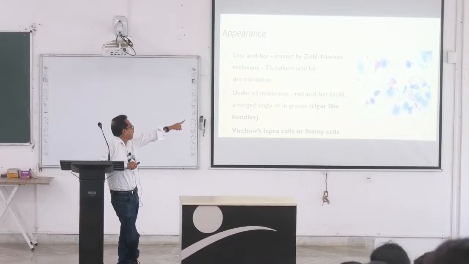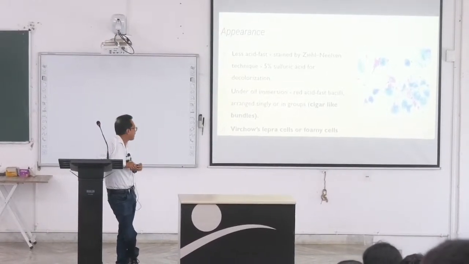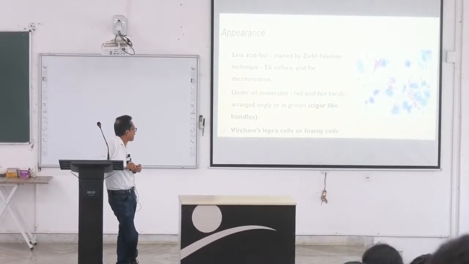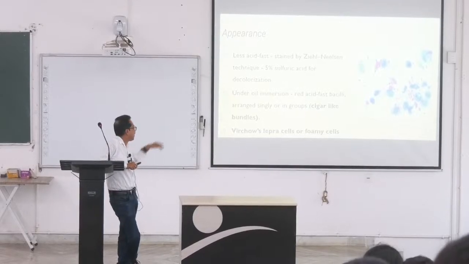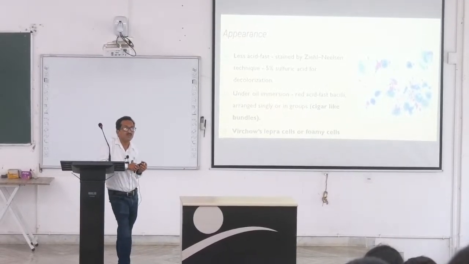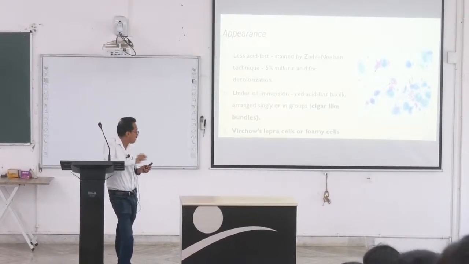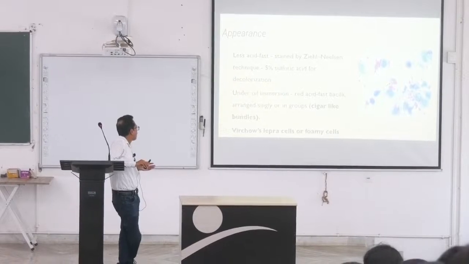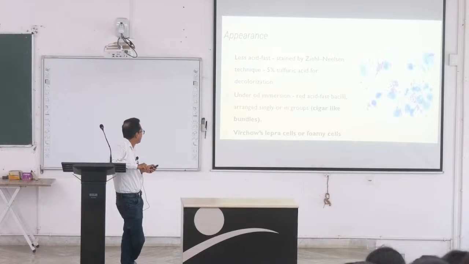These are all lepromatous lepra bacilli, seagull-like bacilli, and there are also vacuolated lepra cells or foamy cells in the smear. There is also a name for this seagull-like bundle: globi, G-L-O-B-I. More groups of seagull-like bundles of acid-fast bacilli form globi.